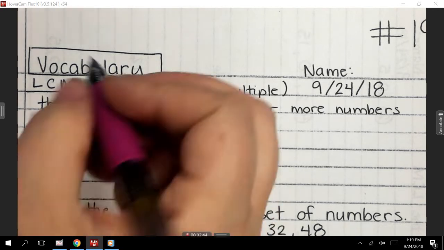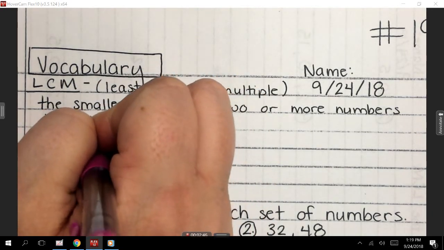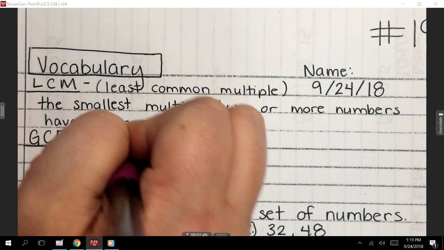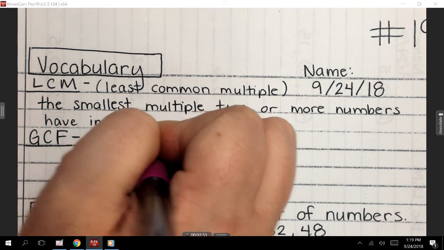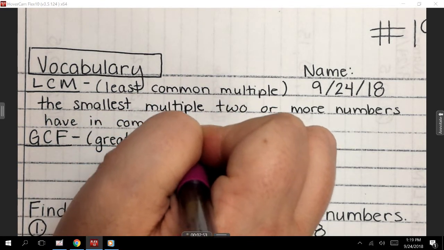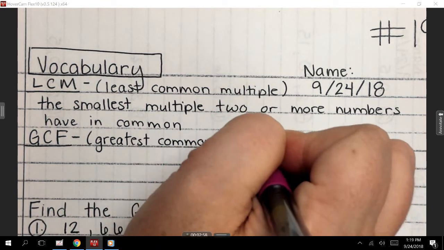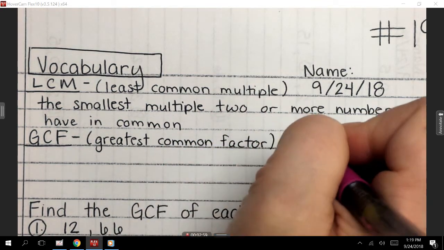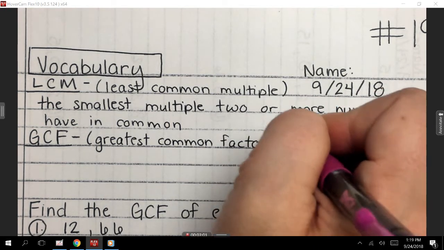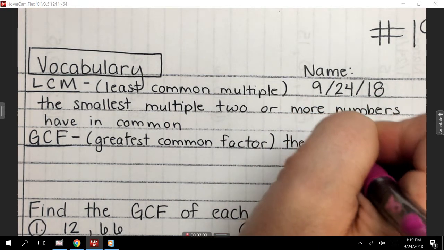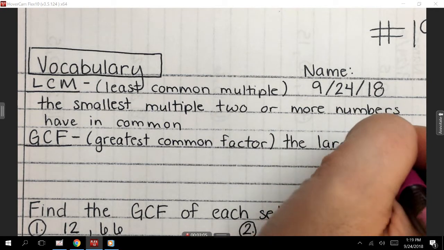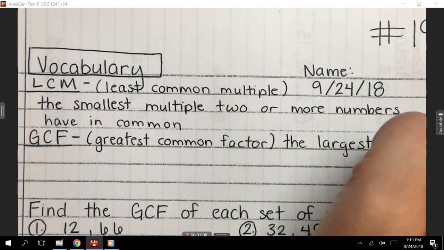All right. GCF, this is the greatest common factor. Let's stop tapping our pens, please. So instead of being the smallest, this is the largest factor.